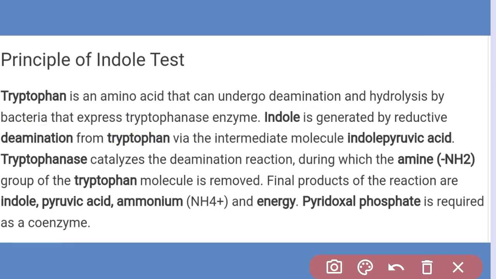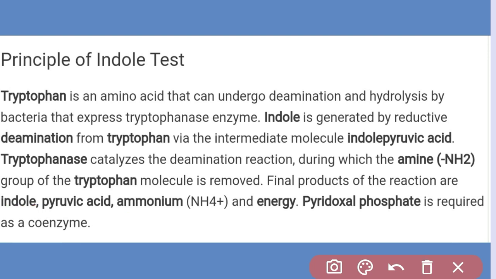The indole gets generated by reductive deamination of tryptophan via an intermediate product, that is indole pyruvic acid. The enzyme tryptophanase catalyzes the deamination reaction, during which the amine group of a tryptophan molecule is removed. The final products of the reaction are indole, pyruvic acid, and ammonia.